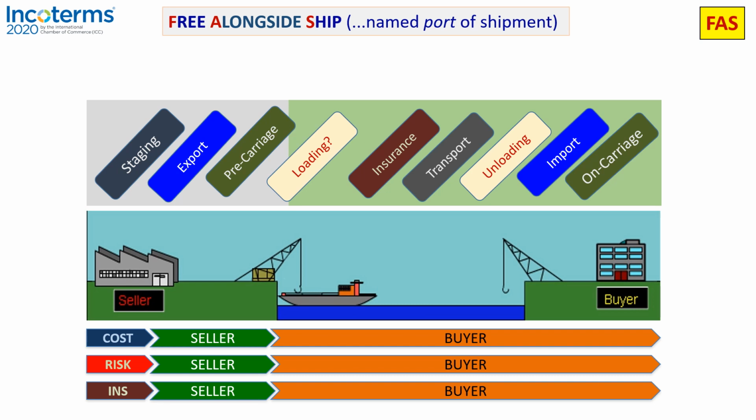Now, one area of ambiguity or potential confusion which can happen here is what happens between the time of delivery of the cargo to the port and loading onto the ship. Suppose the cargo was delivered on the 5th of April and the ship is arriving on the 10th of April, which means for 5 days the cargo is sitting at the port. And if something happens to that cargo, it is damaged or lost, who bears that risk?